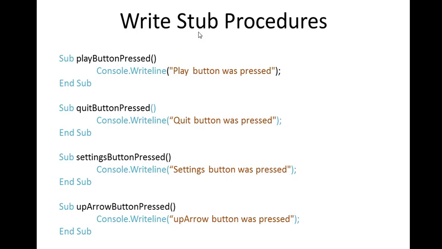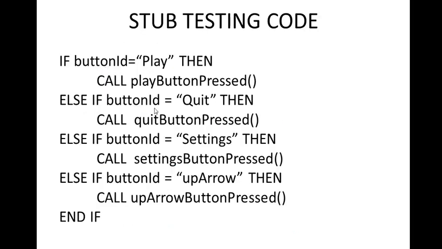So what you do is you write these dummy procedures or the stub procedures. Once you've written these dummy procedures, you test them also. So you write some sort of code that should call these stubs, right? And this is what you've done here, a small piece of code showing what happens. If the button ID is play, meaning when the play button is pressed, then we are calling this play button pressed procedure. And if the user pressed a button which had a button ID of quit, then call the quit button pressed procedure.